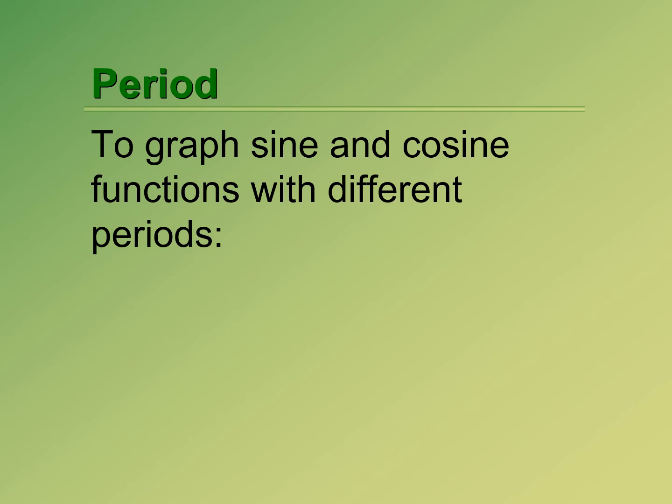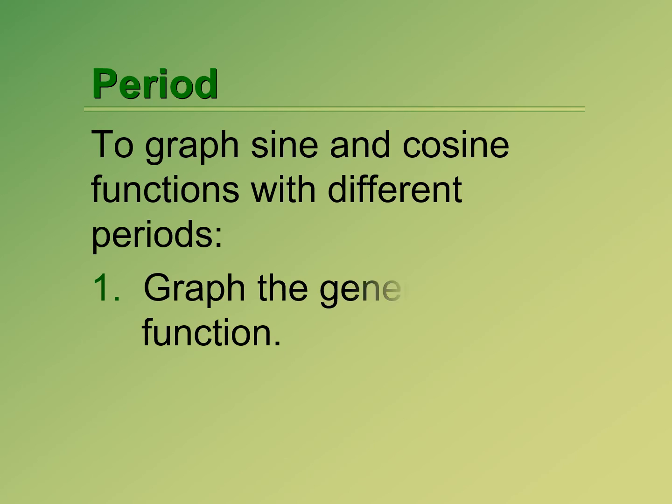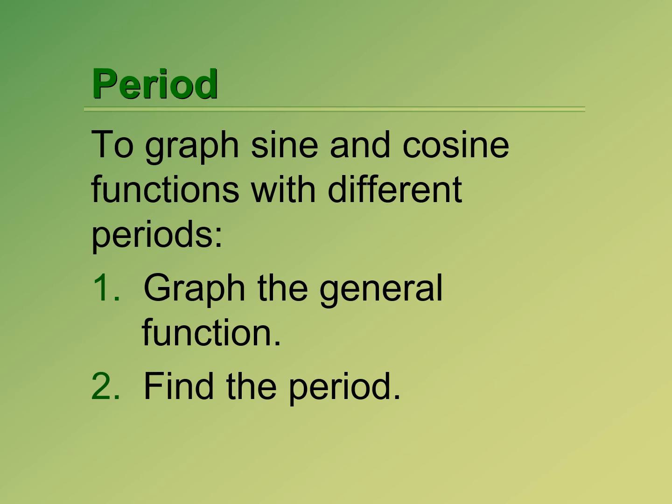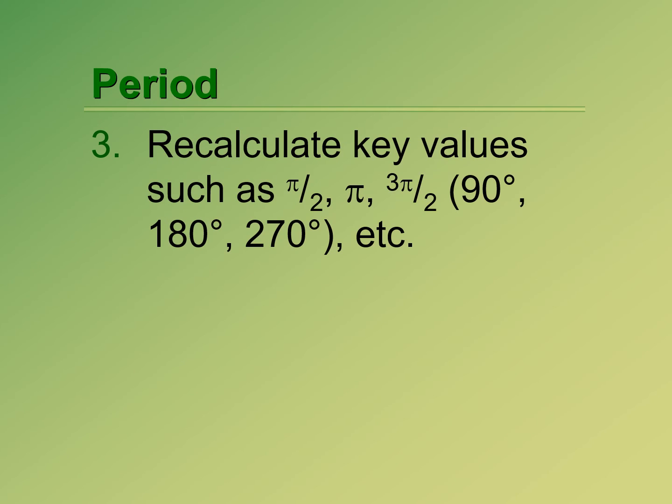So to graph sine and cosine functions with different periods, you're going to go ahead and sketch the general function. But then after that, find the period by doing 2 pi divided by B. And then go ahead and recalculate your key values, such as pi over 2, pi, 3 pi over 2. If you want to convert those to degrees because it's easier, you can do that.